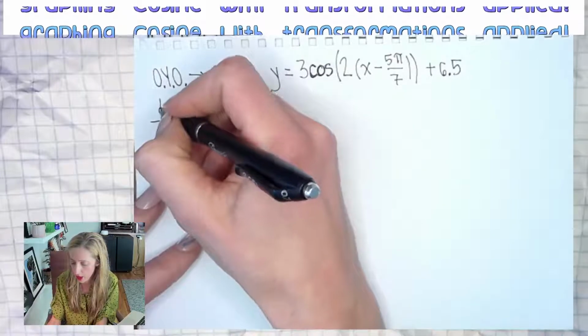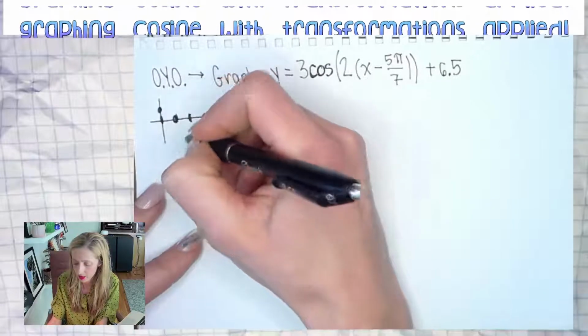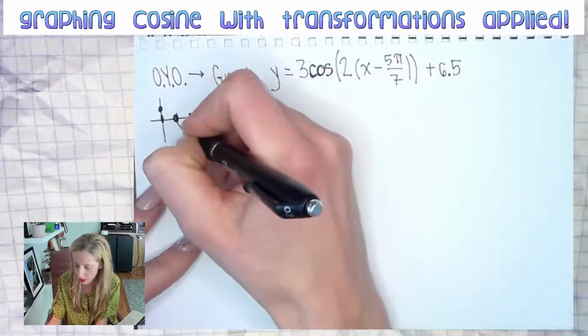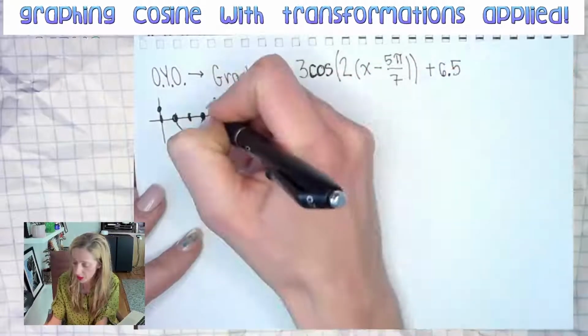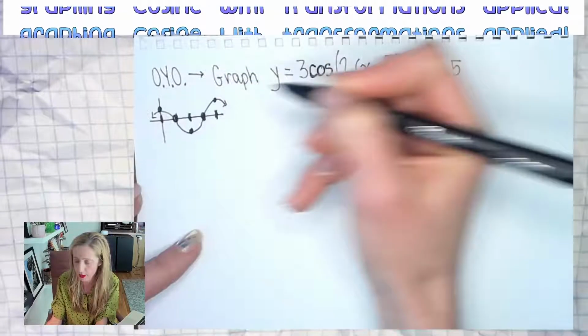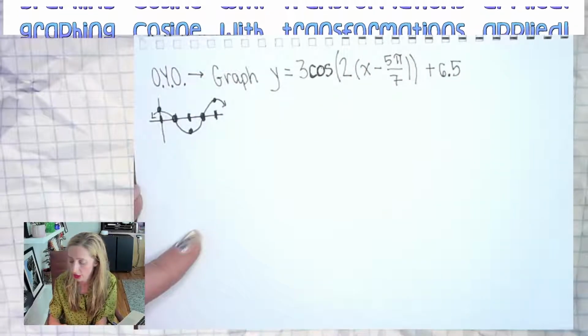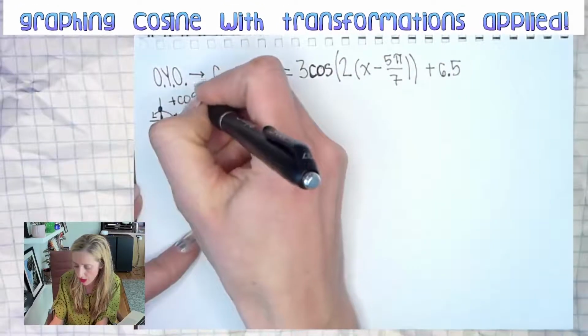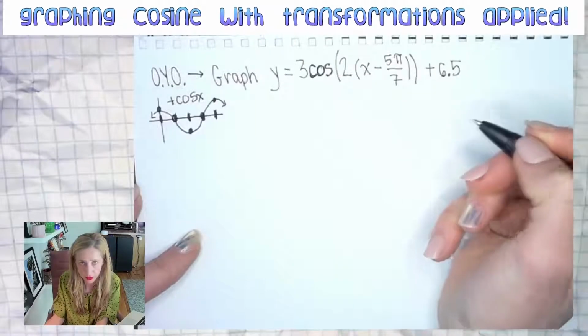Cosine at 0 is 1, then we get 0, -1, 0, and 1 again. This middle part is concave up, looks like a cup, and the two sides are concave down, looks like a frown, with arrows at the end because it goes on forever and ever. So that is the positive cosine graph, parent function.